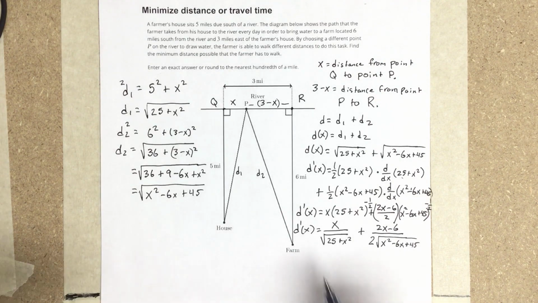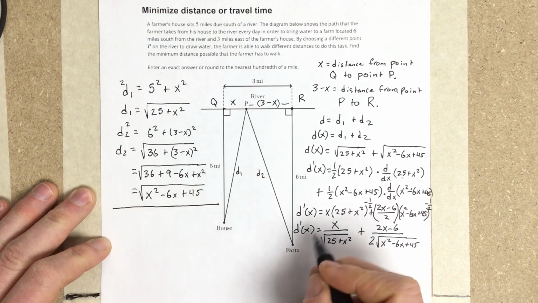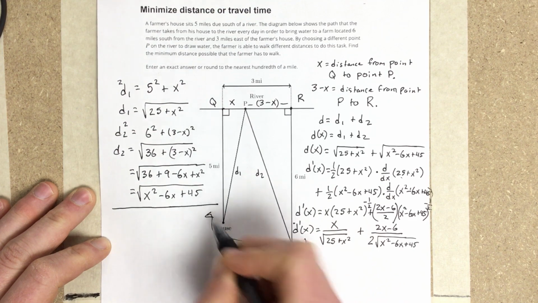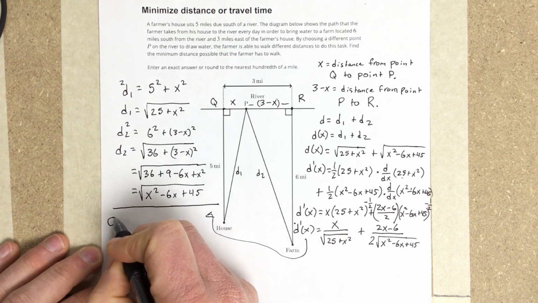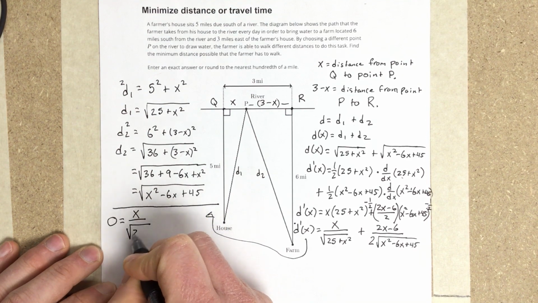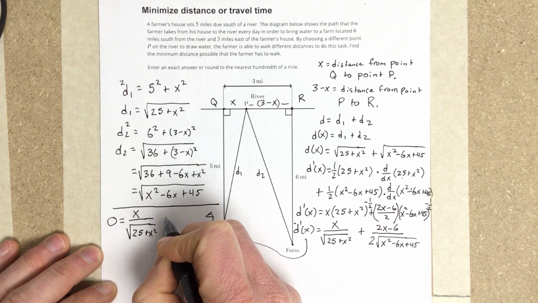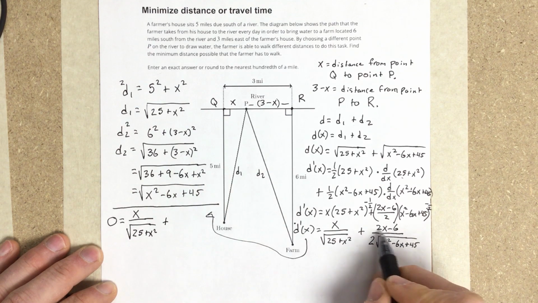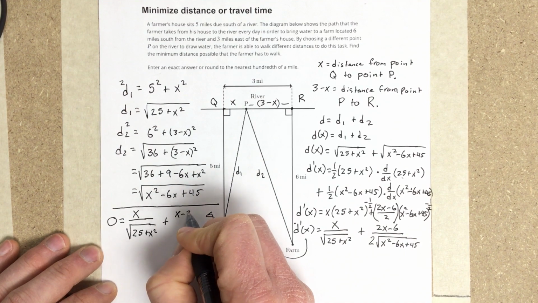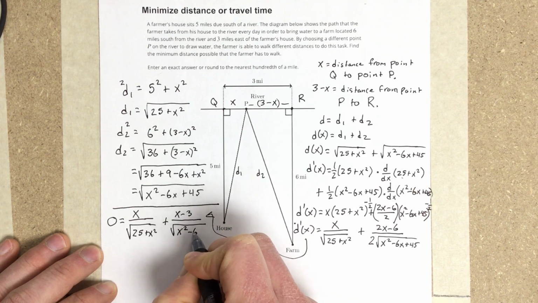Okay, now I'm going to set this equal to 0. I'm going to kind of box this off here. We're going to say 0 equals x over root 25 plus x squared plus, I'm going to factor a 2 out of this top piece, and that divides with this 2, so I end up with x minus 3 over root of x squared minus 6x plus 45.